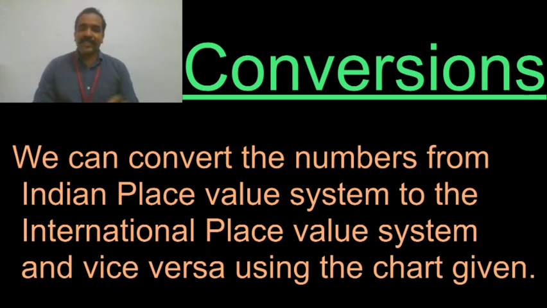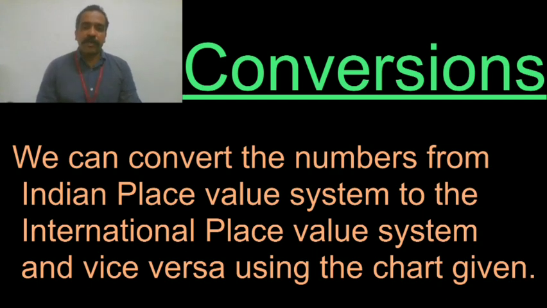So look at the screen. Here you can see the conversion. What does it mean? Here the conversion means converting. We can convert the large numbers which are given in the Indian place value system into the international place value system. Vice versa also. Vice versa means reverse also.